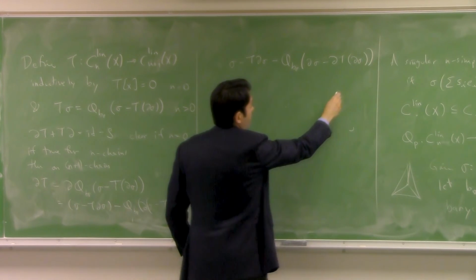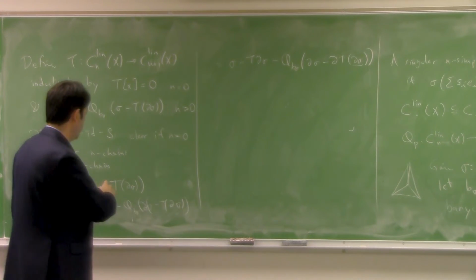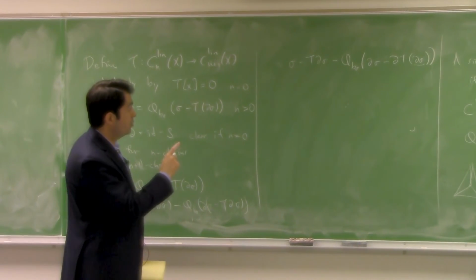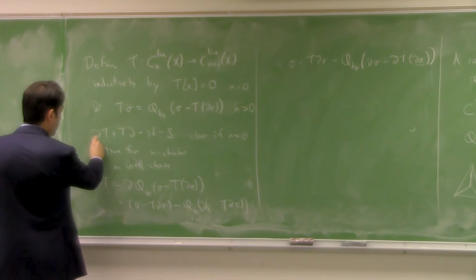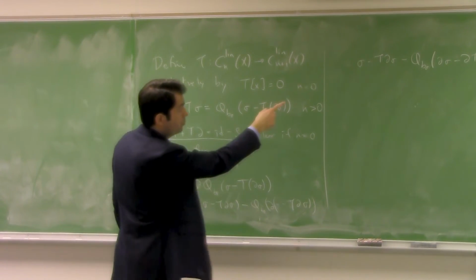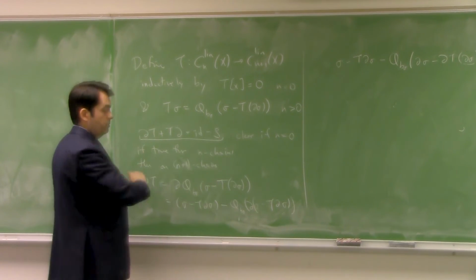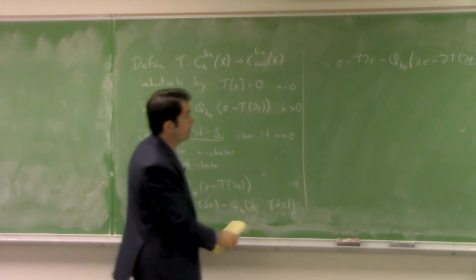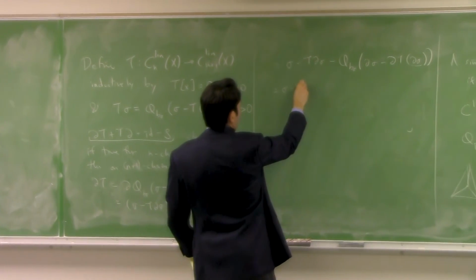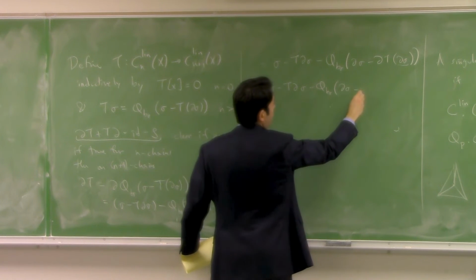Now boundary sigma has degree n, and I know this formula holds already for n-chains. So that boundary T at the end, I can replace it with what I get from over here. So I get sigma minus T boundary sigma minus Q sigma boundary sigma minus.